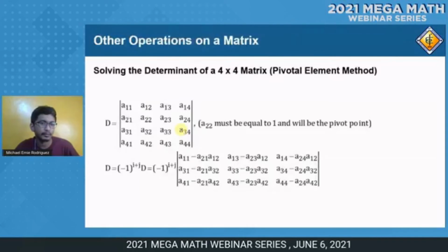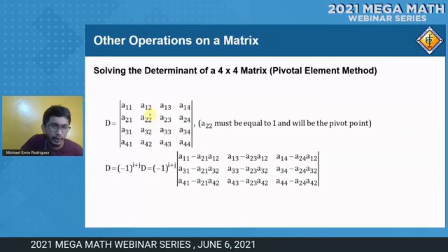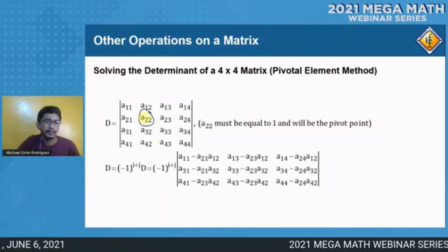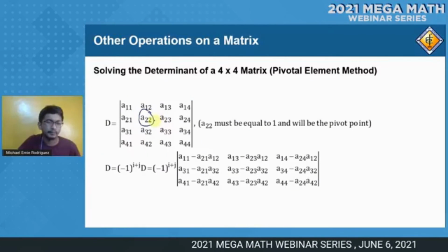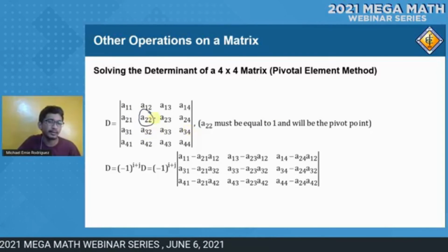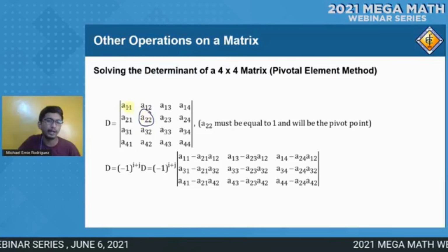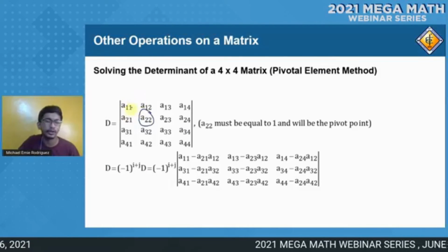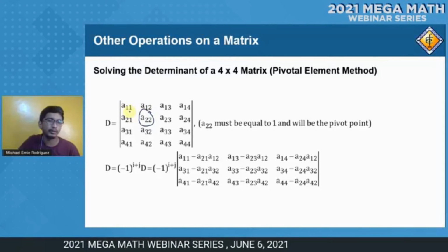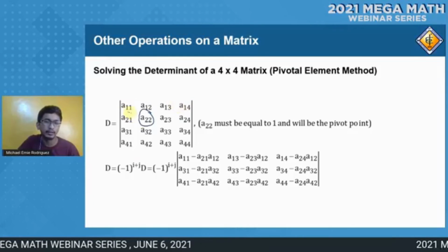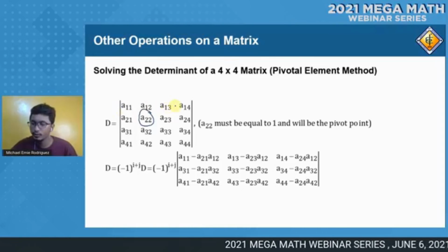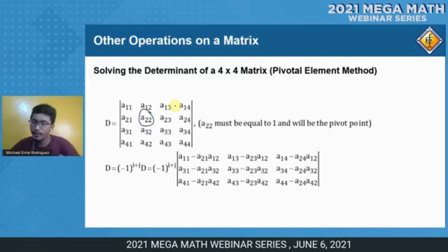Here, the A22 we chose must be equal to 1. If there is no 1, say you chose A11 but its value is 4, you first divide the whole row by 4, so that your pivot becomes 1.